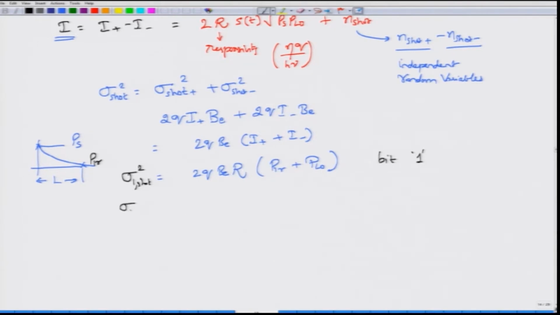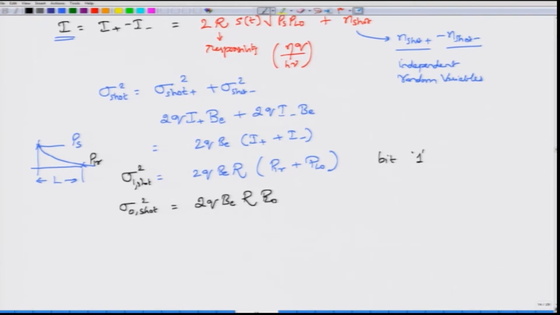What about the shot noise when you have the bit 0? So for bit 0 of course there is no photocurrent because your received signal P1R is going to be equal to 0. While the received signal is equal to 0, the shot noise unfortunately is still going to be the same, except that P1R will be equal to 0. So the shot noise here will be 2q BE R PLO, right.